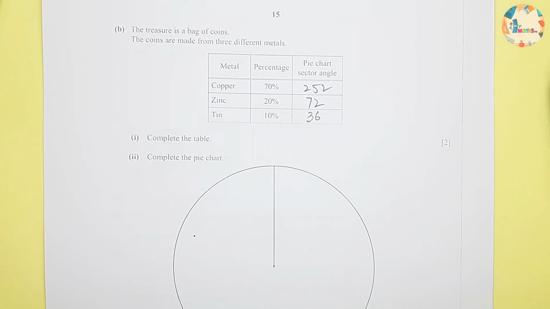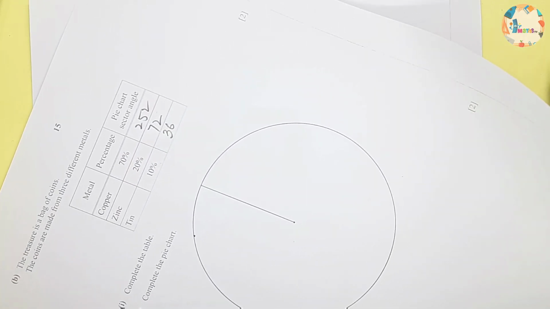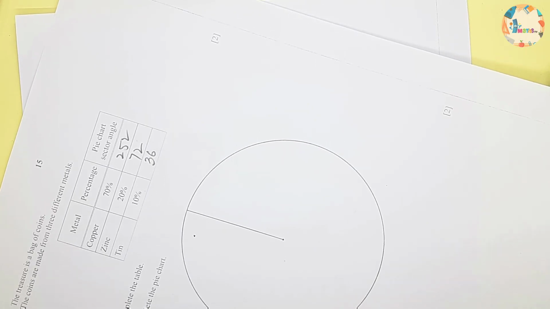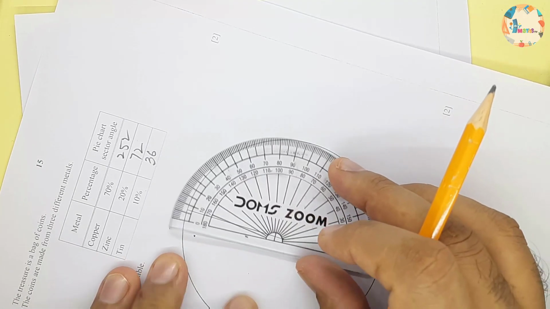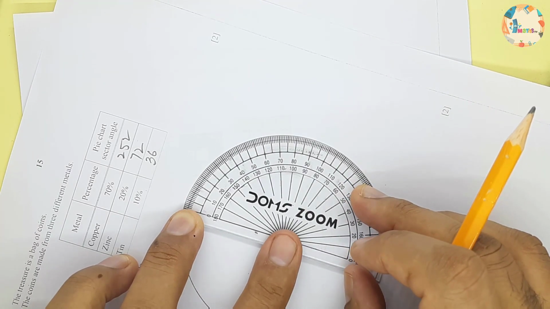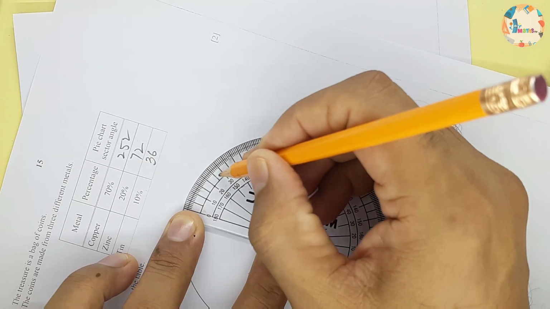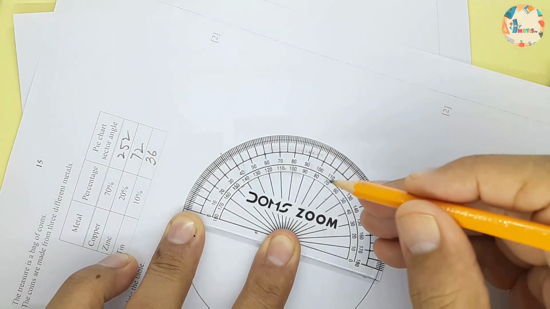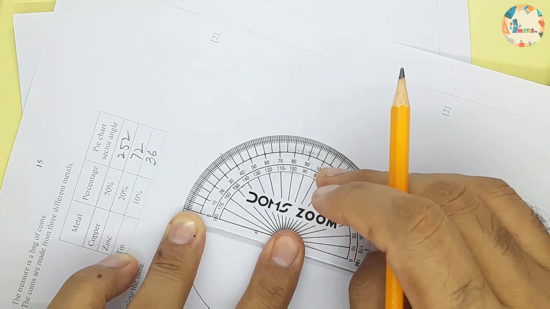Now we have to complete this pie chart. To complete this pie chart, we will be drawing the angles. So first angle we can draw 36 for 10. We will place the protractor over here, the zero line should be matching, so 35 and 36 up to this one, and 72.